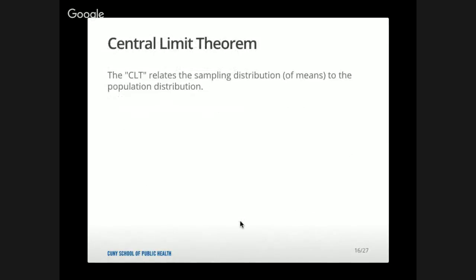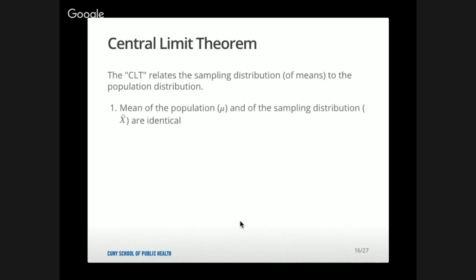Which brings us to the central limit theorem, which is how we can explain these phenomena. So the central limit theorem relates the sampling distribution of the means to the population distribution. That's what we use it for.